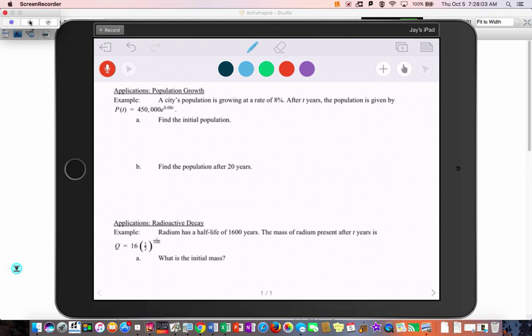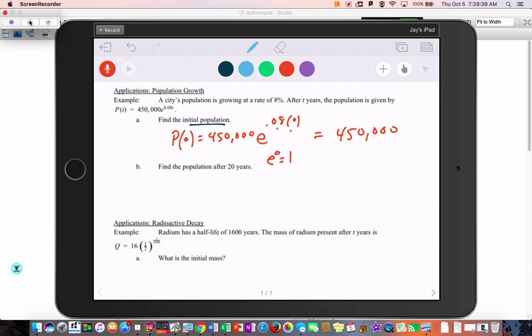So if I want the initial population, I'm going to put 0 in for T. When you do that, 0.08 times the 0 is 0. E raised to 0 is 1. And so when you do all that, you'll get 450,000. That is the initial population, the starting point.